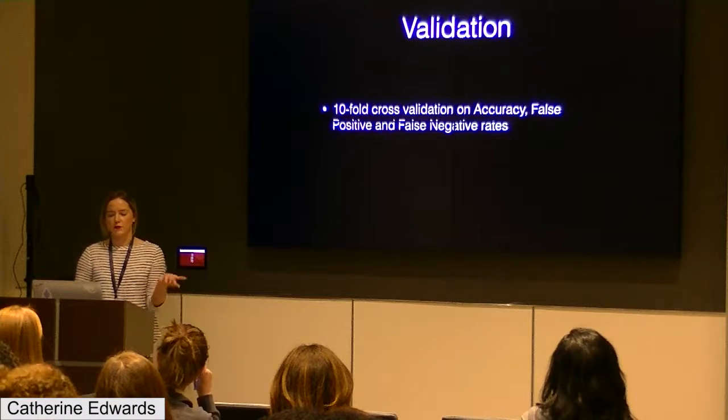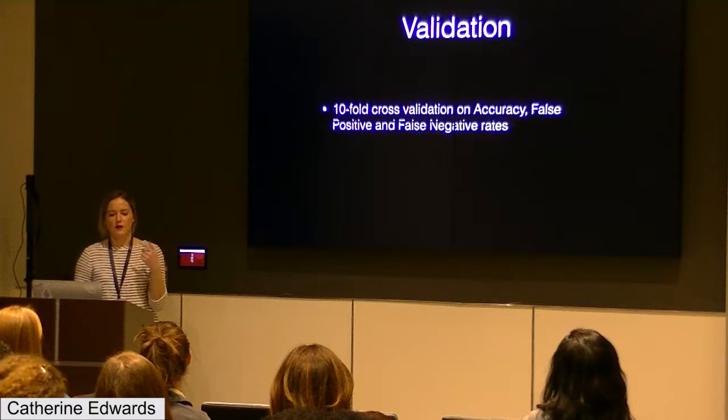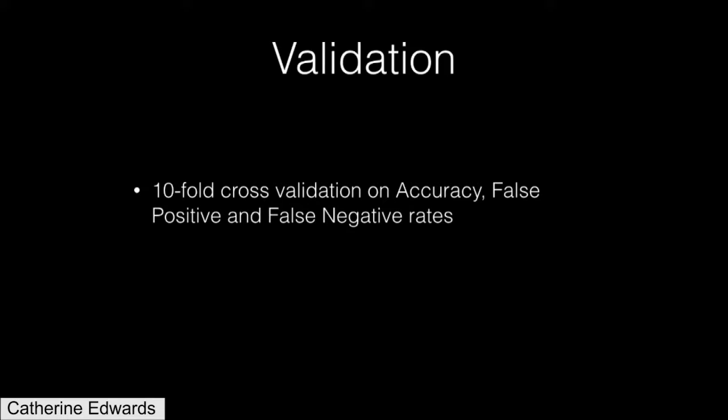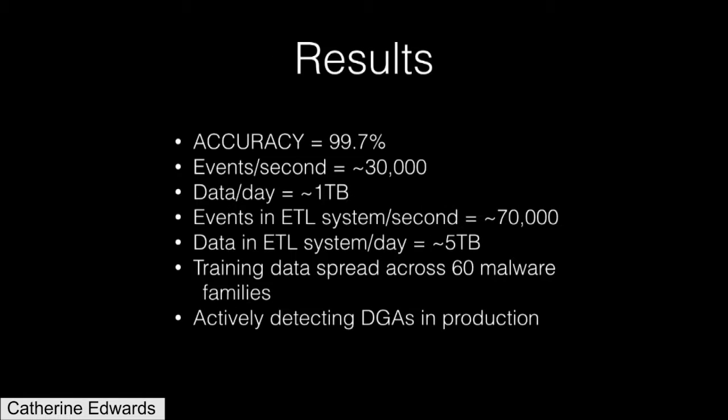Hi, I was curious about how you're measuring the accuracy. Is it just correctly classifying the positives, or also classifying the negatives correctly? It's both. We did a tenfold cross validation, and the main things we were looking at were the accuracy, the false positive rate, and the false negative rate. Is the data relatively balanced?